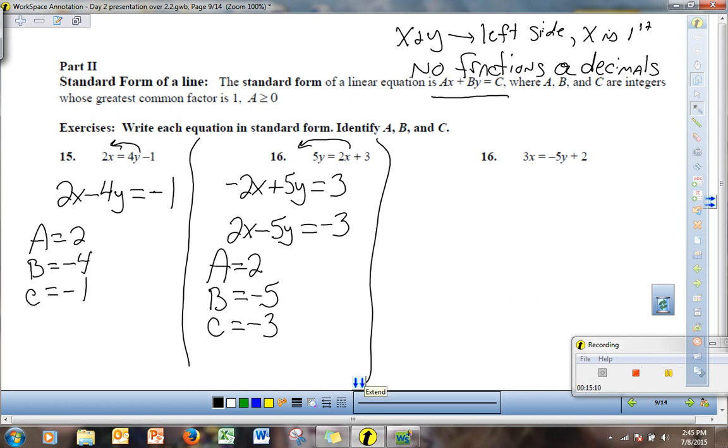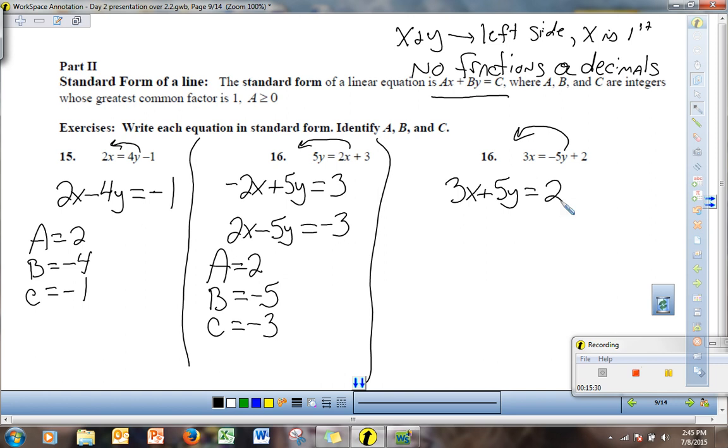So there's what we got so far. I'm just going to keep clicking through these. Number 16, I need to move this negative 5y over to the left. If it's negative on the right, on the left it's going to be positive. So I've got 3x plus 5y equals 2. In this case, we're done.